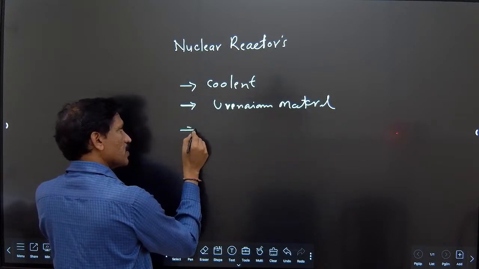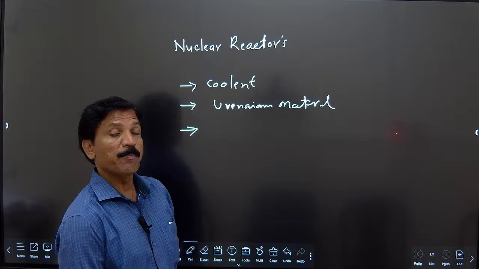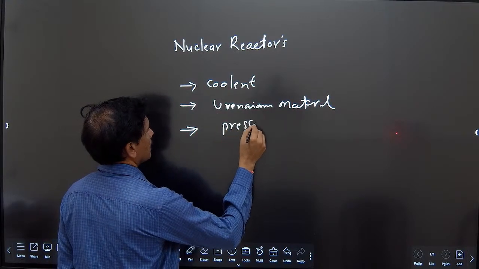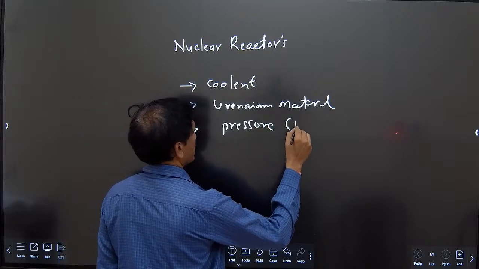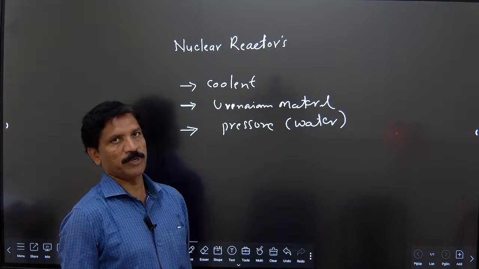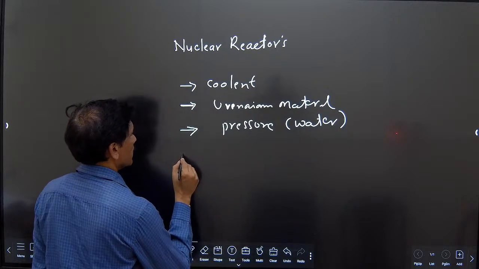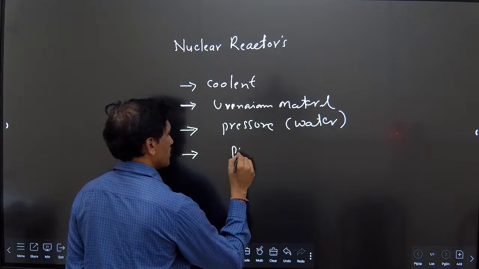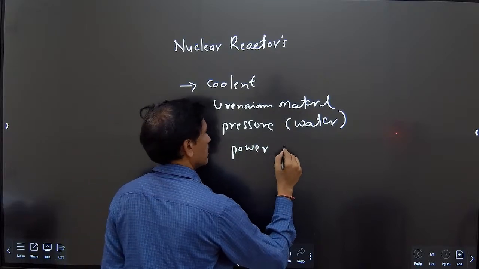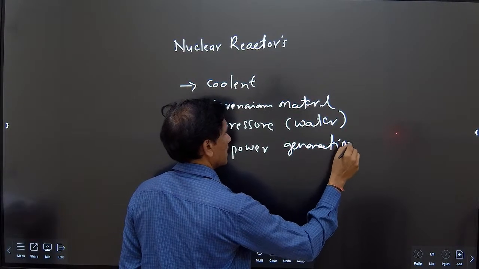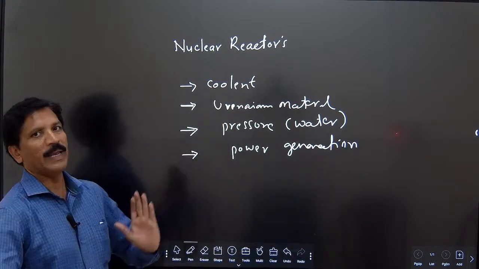Next classification is type of water pressure. Next, type of power generation. These are the main classifications.